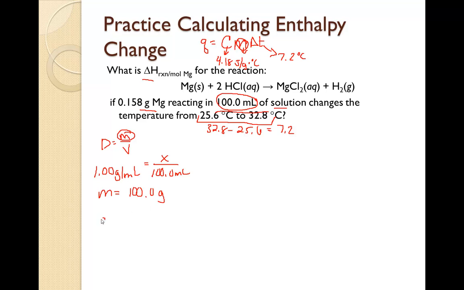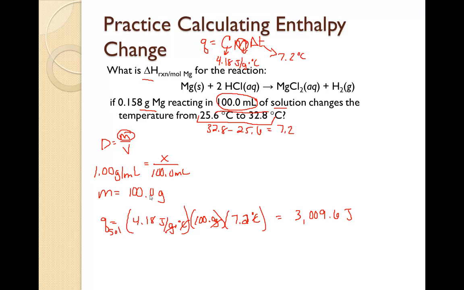So Q is equal to 4.18 times the mass times the change in temperature. The grams cancel and the degrees Celsius cancel, giving us 3009.6 joules. Now that's the Q of the solution.